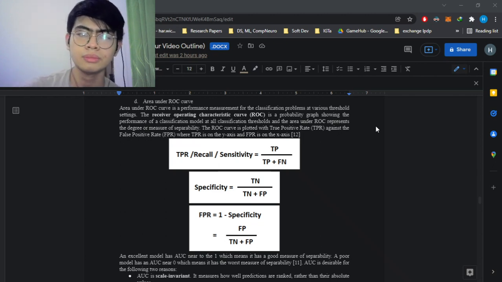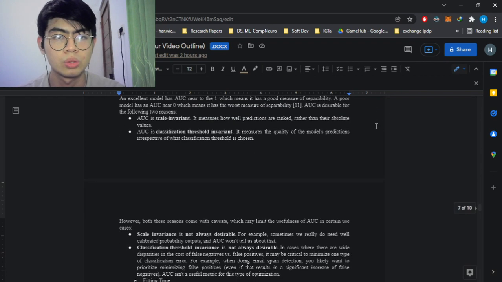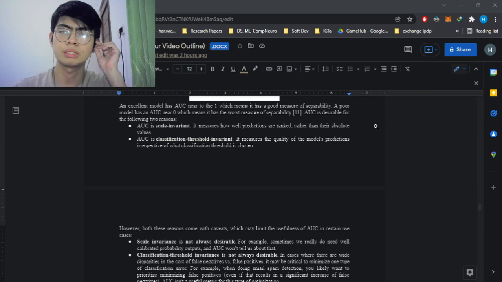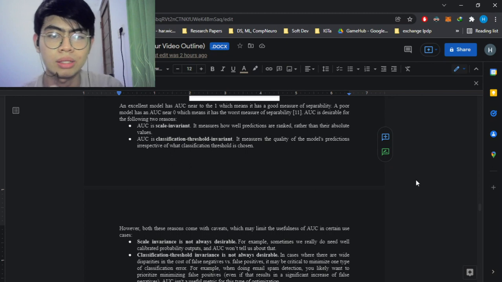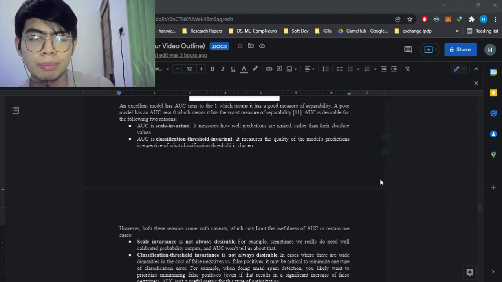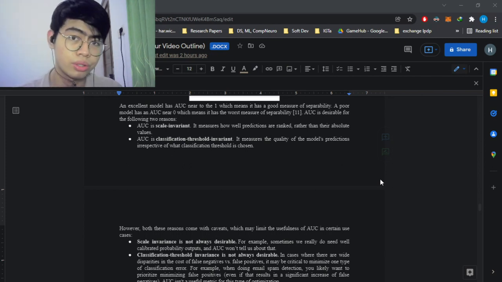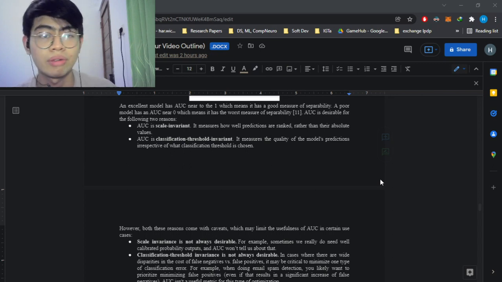Before we jump into why AUC is desirable and why it's not desirable, perhaps we can talk about sensitivity, specificity, and the threshold itself. Sensitivity and specificity are inversely proportional to each other. When we increase sensitivity, specificity decreases, and vice versa.